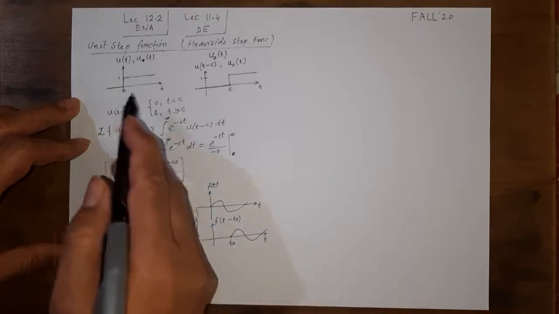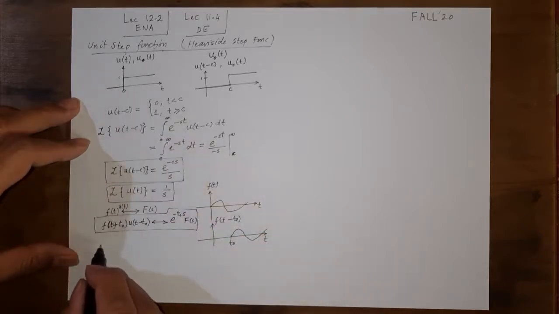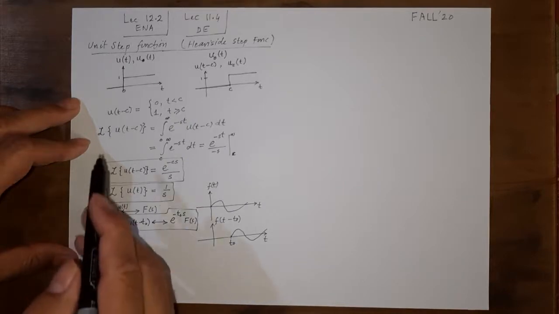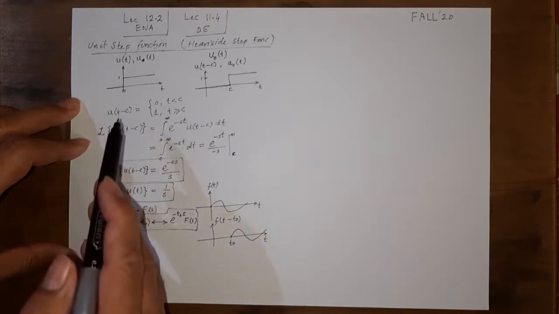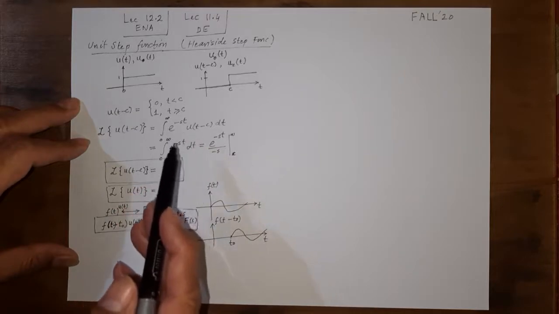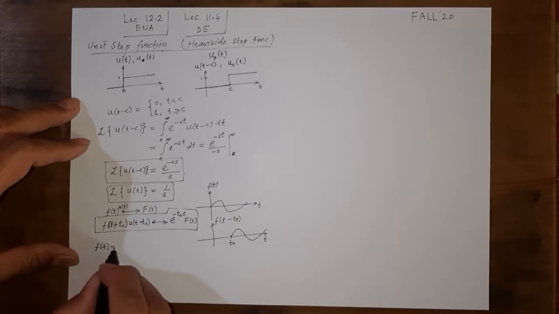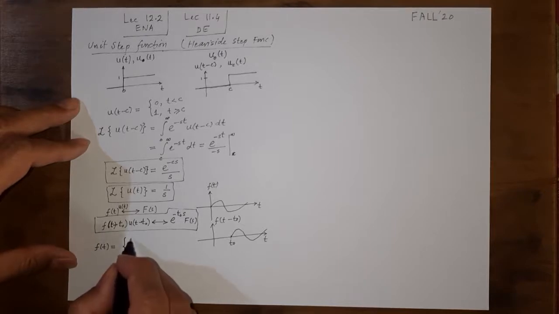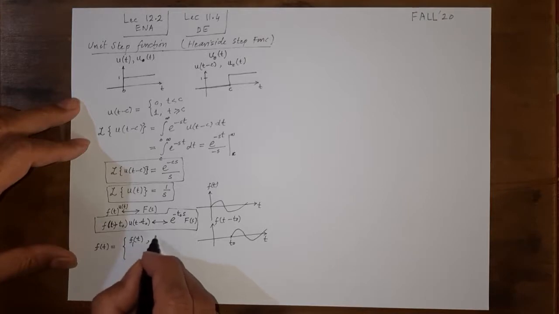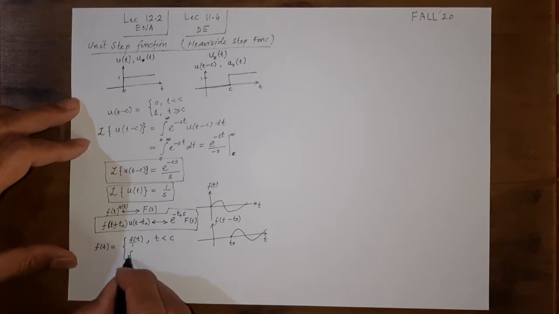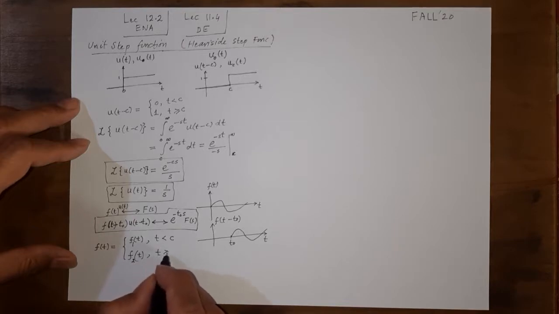There is another use of the unit step function. Sometimes some function, say a force being applied to a body, is suddenly changed. For example, let us say some function is defined in this fashion: it is some function f1(t) for t less than some value c, and then after c a new function is applied.